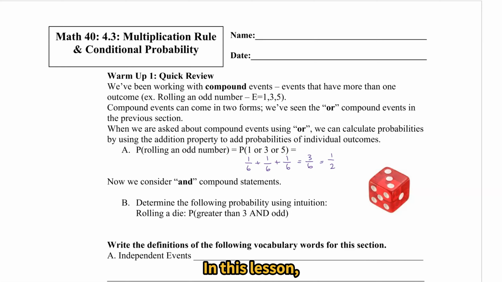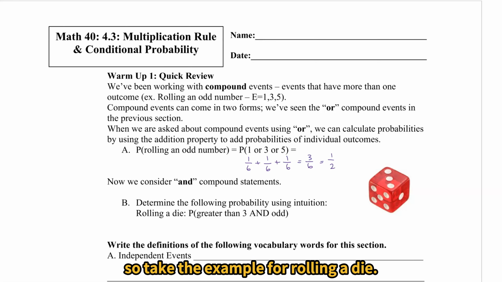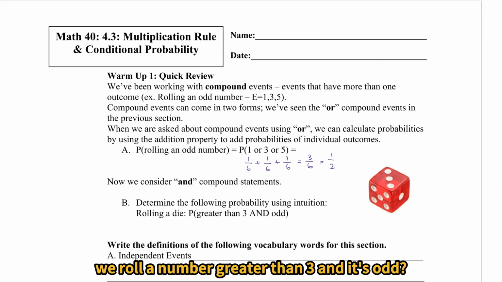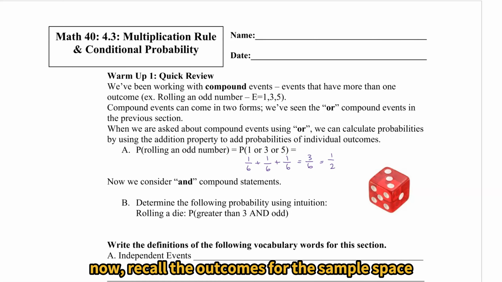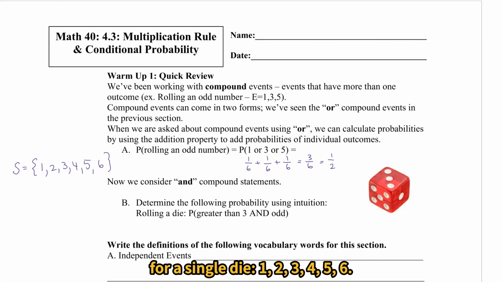In this lesson, we're going to talk about compound statements with the word and. So take the example of rolling a die. What's the probability we roll a number greater than 3 and it's odd? Considering this example now, recall the outcomes for the sample space for a single die: 1, 2, 3, 4, 5, 6.